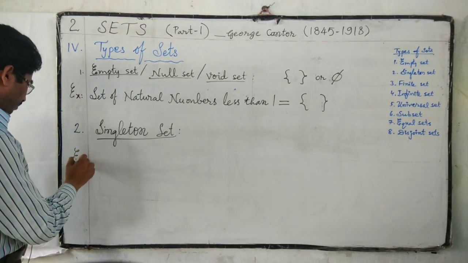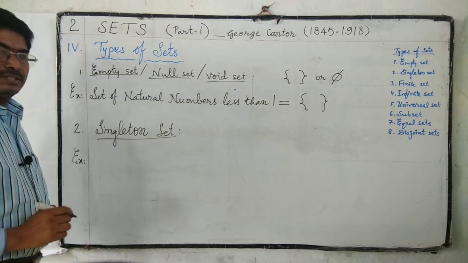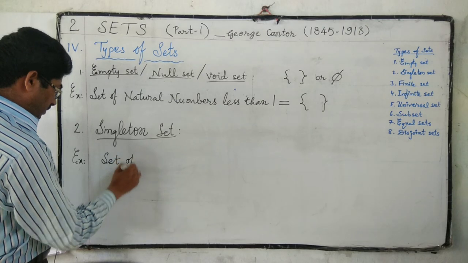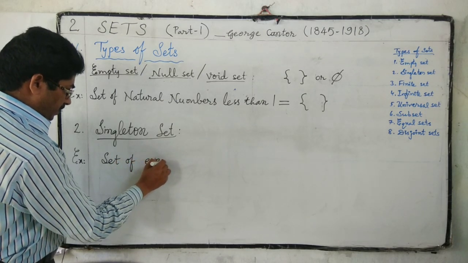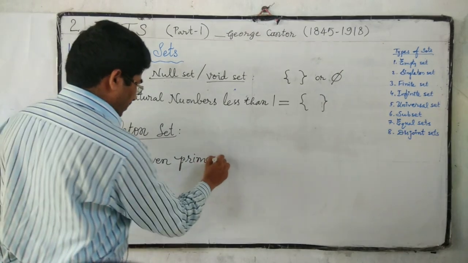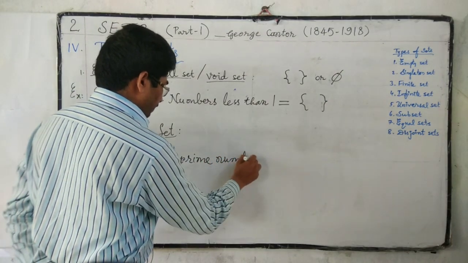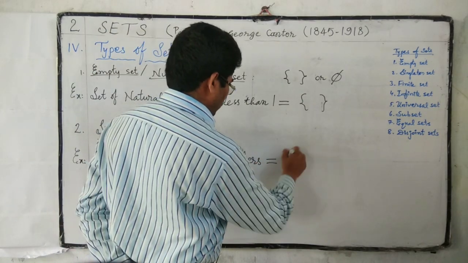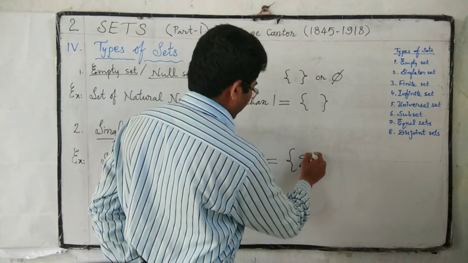Example, set of even prime numbers. Set of even prime numbers is equal to only one element, that is 2.